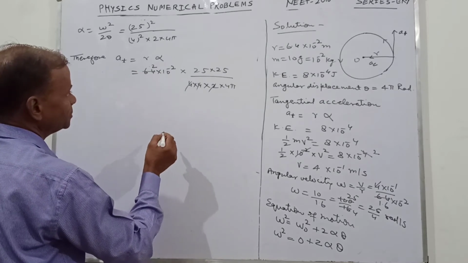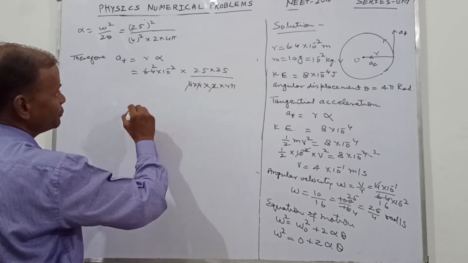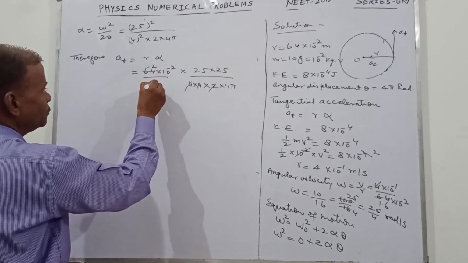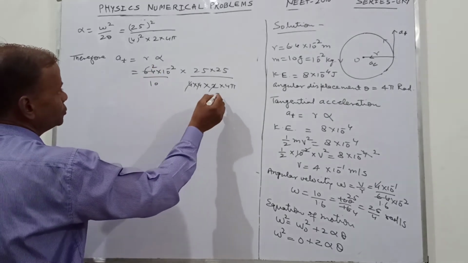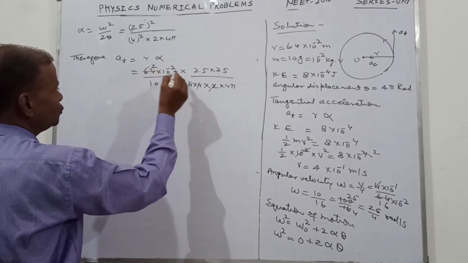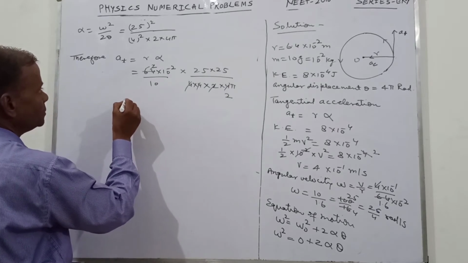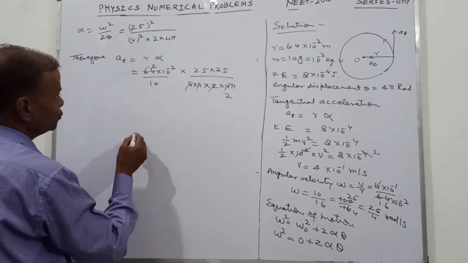Then this 2 will cancel by this 2, then this is your 10 raised to the power minus 2.